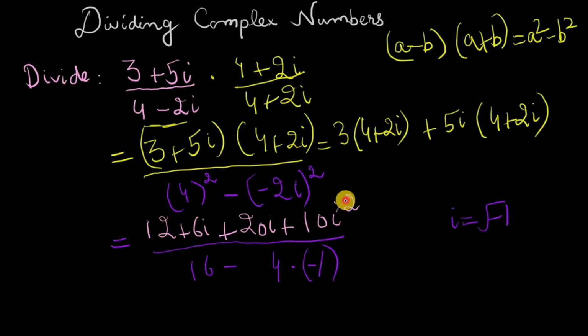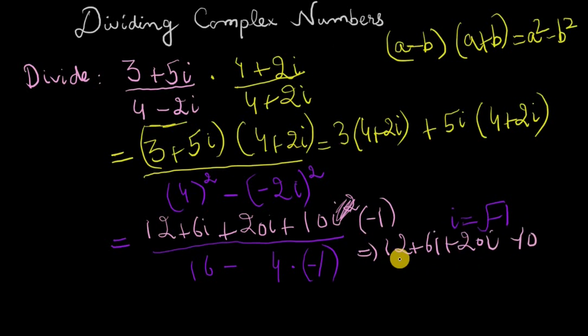So instead of i squared, I can write a negative 1 here. So this is going to be 12 plus 6i plus 20i minus 10, and all of that divided by 16. We have a minus sign here, and then another minus sign here. So 16 minus a negative 4 is going to be 16 plus 4.